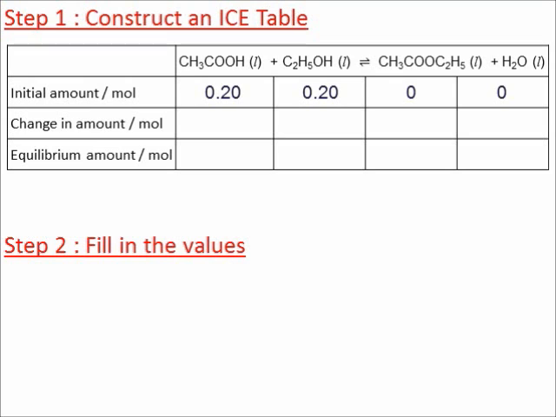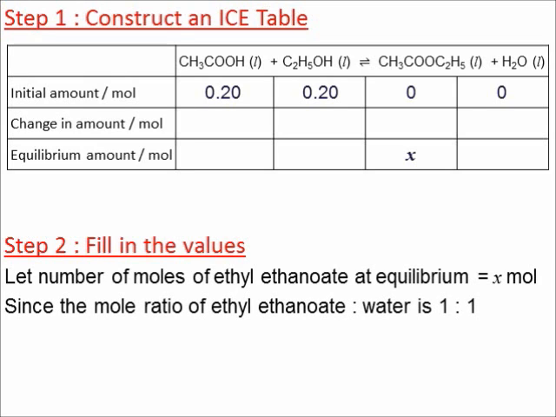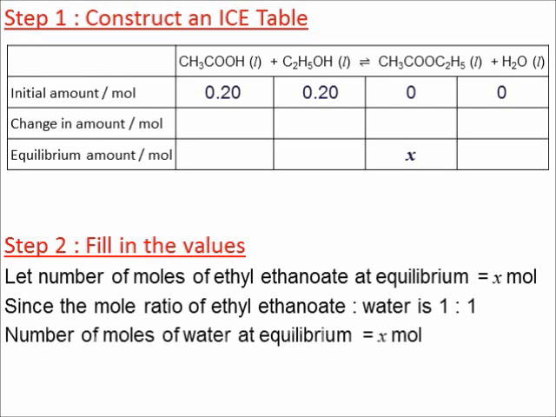This time, we have none. To proceed, we therefore let the amount of one of the products at equilibrium, say ethyl ethanoate, be equal to x moles. From the stoichiometry of the reaction, the amount of the other product at equilibrium, water, is also x moles. We fill in these values along the third row of the ICE table.